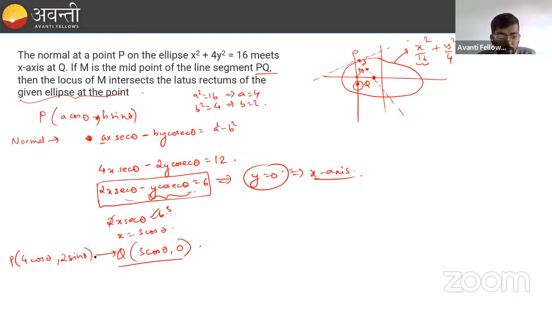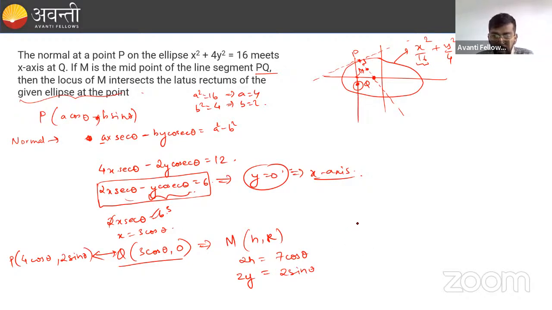Now the midpoint of this PQ, midpoint M, can be written as, let's say M is (h, k). So 2h will be equal to 7 cos theta and 2k will be equal to 2 sin theta, right?